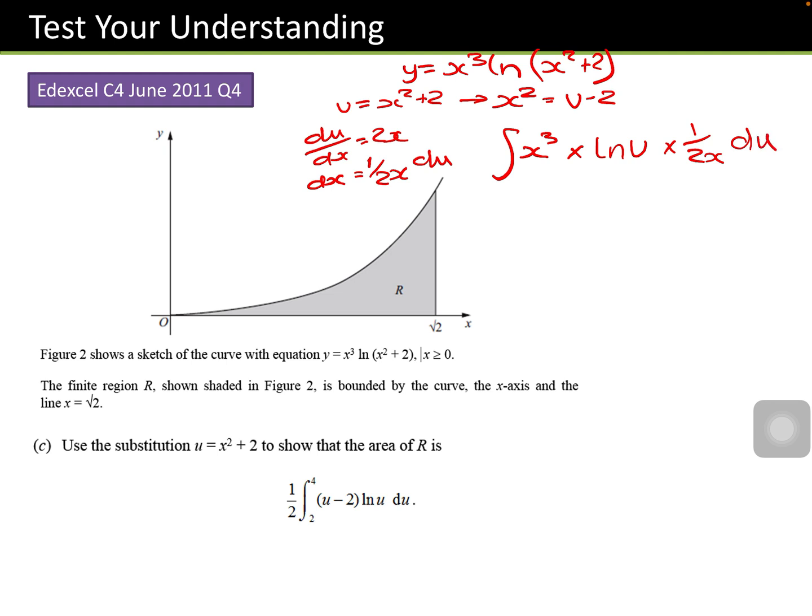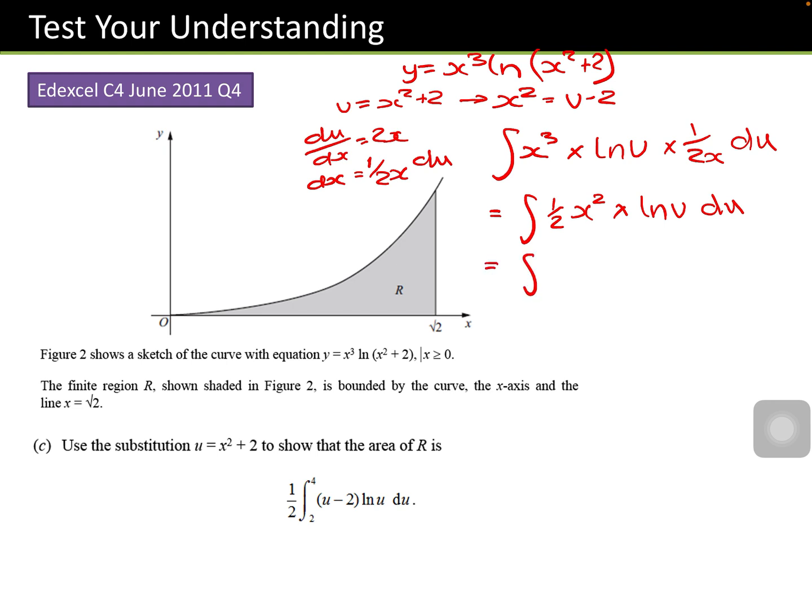Now, the reason I've used that x cubed is because I can see that this is going to simplify a little bit. So this is going to simplify to a half x squared times log natural u du. Okay, and what that now means is I've got a value for x squared. I know that's u minus 2.